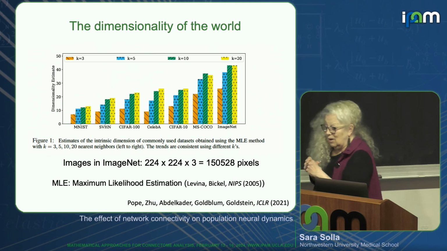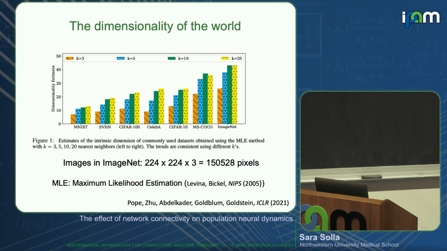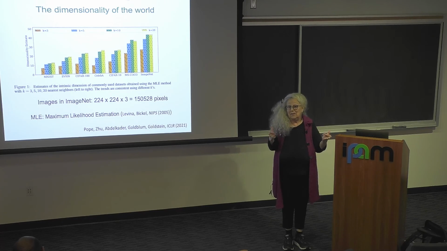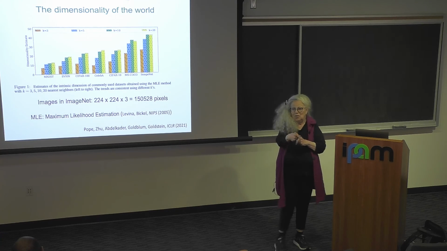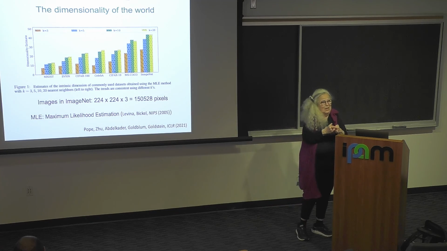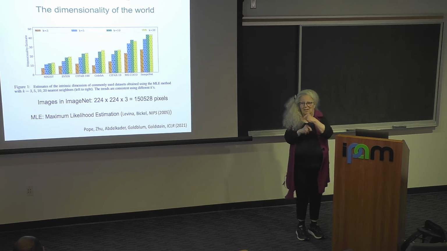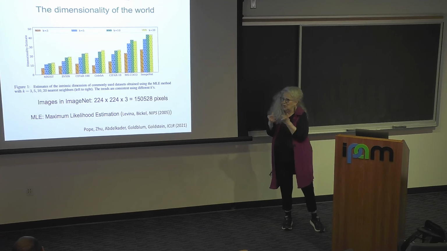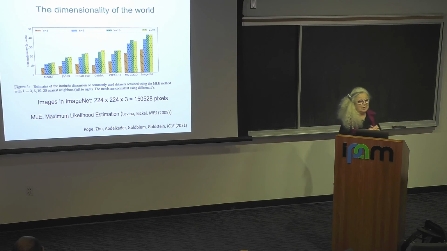It's a method that says locally, I have a point, I sit in that point, I create an epsilon ball. How many points do I find within that epsilon ball? It grows with epsilon. It goes like epsilon to the d, where d is the effective dimensionality in that place where you are. So you essentially keep on putting these epsilon balls, get local estimates of the local dimensionality, and then you have a nice maximum likelihood algorithm that puts all this data together.